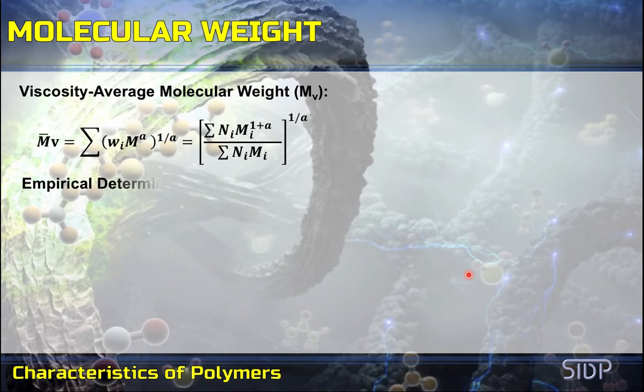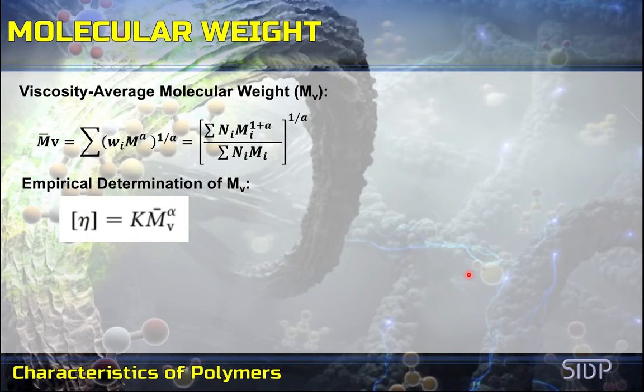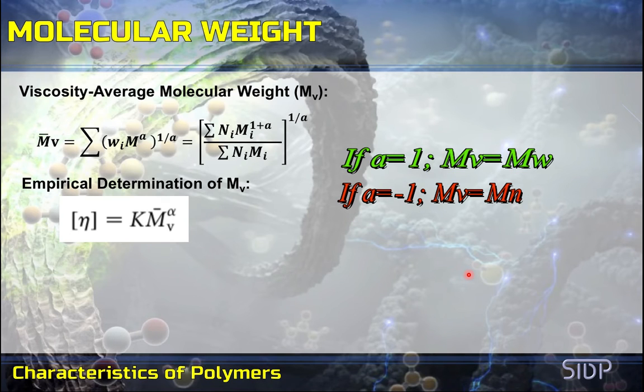Viscosity average molecular weight, Mv. The viscosity average molecular weight is defined by this equation. For a equal to 1, Mv equals Mw, and for a equal to minus 1, Mv equals Mn.